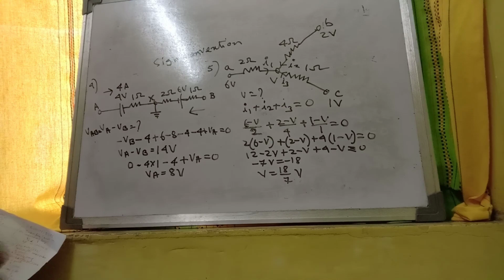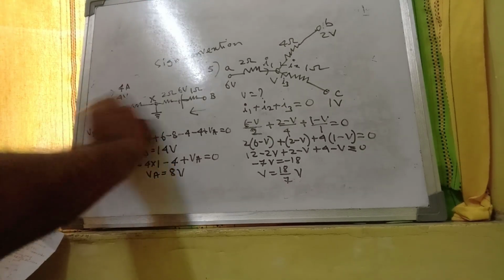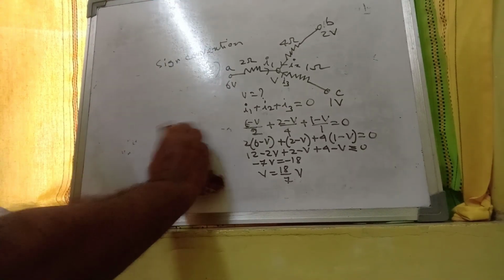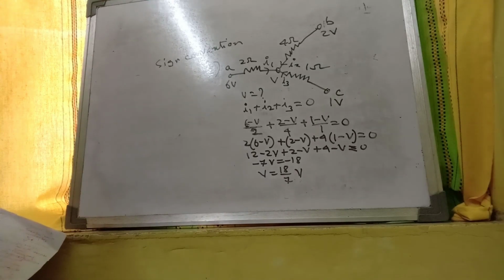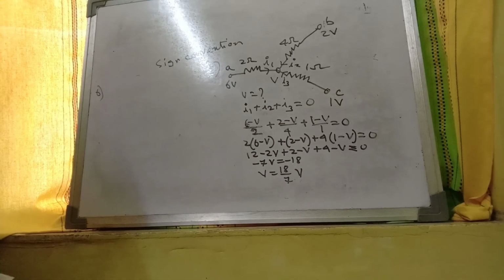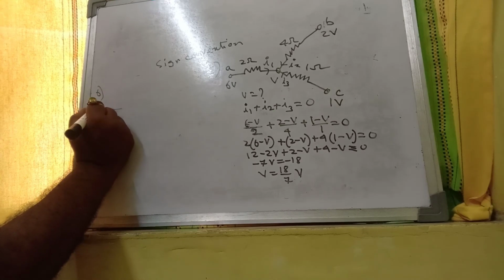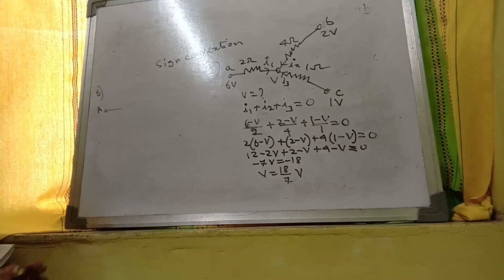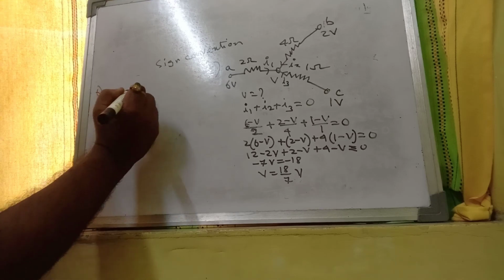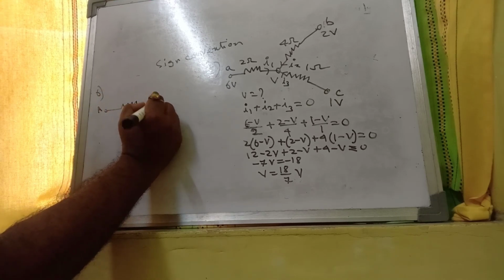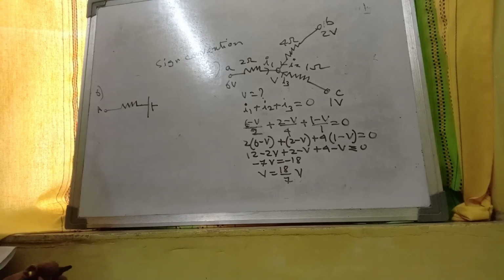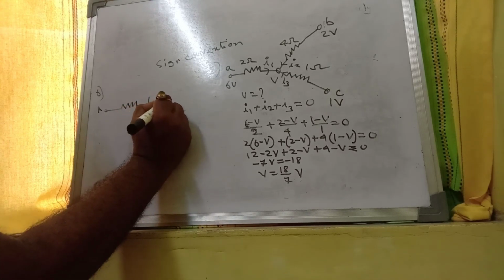Now I am doing another sum. Sum number 6 I am doing over here. So I require some space. Sum number 6. So again a part of the circuit is given. So I draw the circuit. This is A. There's another resistance over here.